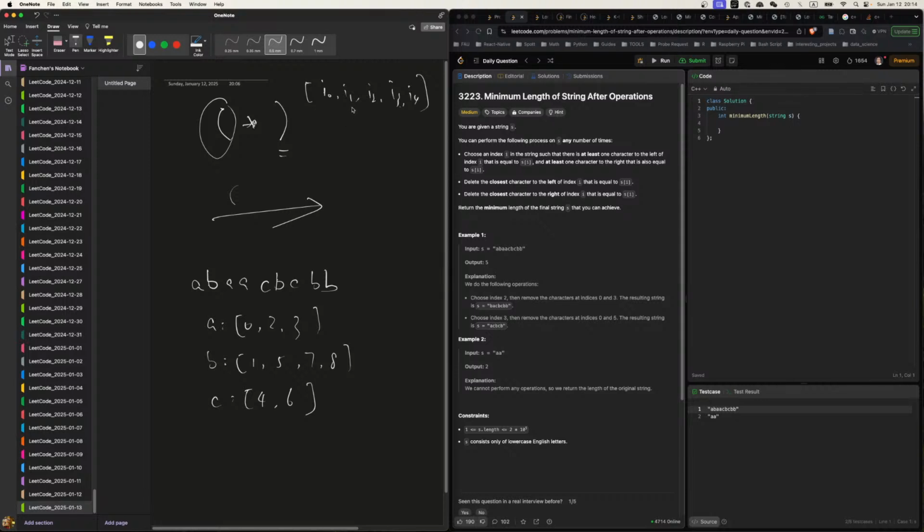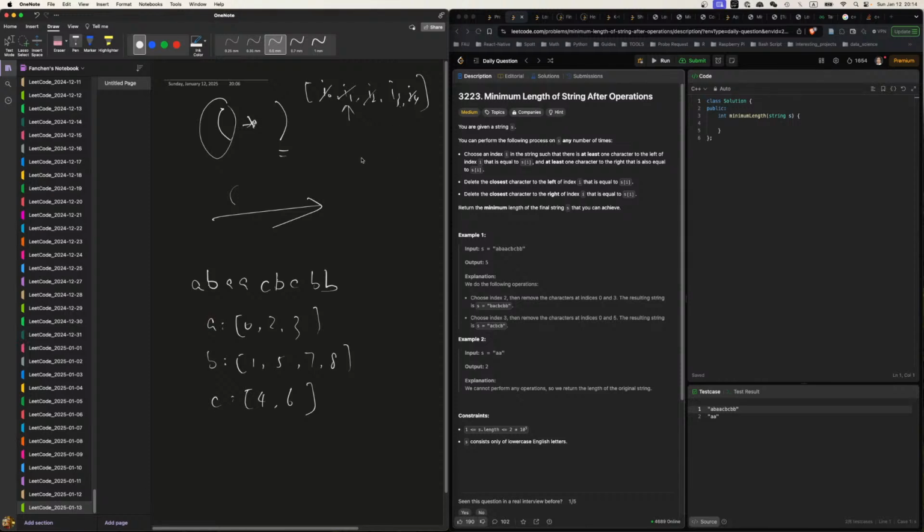If I choose this, then I'll remove this and this. Then I can choose this, I can remove this and this. If I choose the middle, I'll remove this. If I choose this, I'll remove this. So I only have one left.